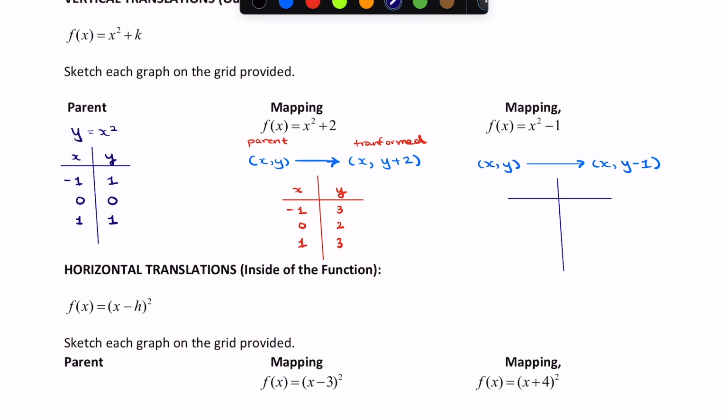If we put in our table of values, our x values stay the same, -1, 0, and 1, and our y values will decrease by 1, so they become 0, -1, and 0.